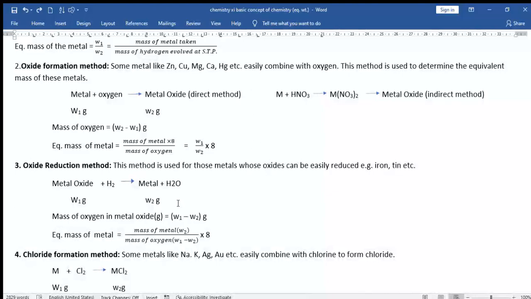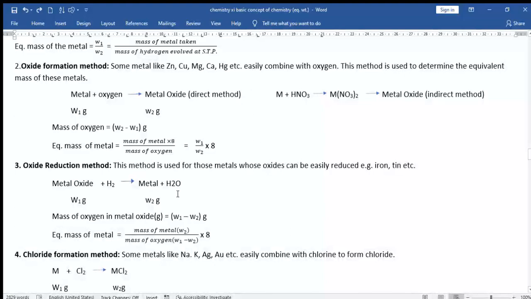It is known as the indirect method. So we have to calculate the mass of oxygen used during this reaction, and then we compare that mass with the mass of 8 gram of oxygen.